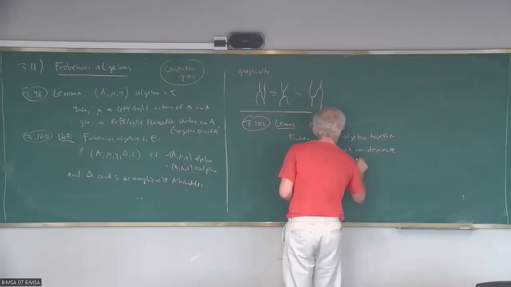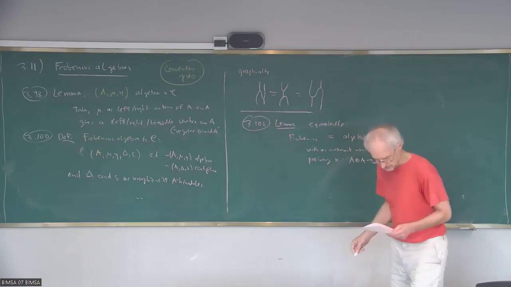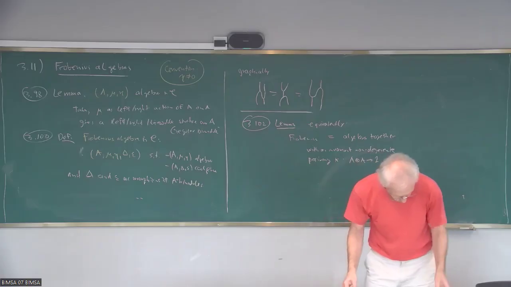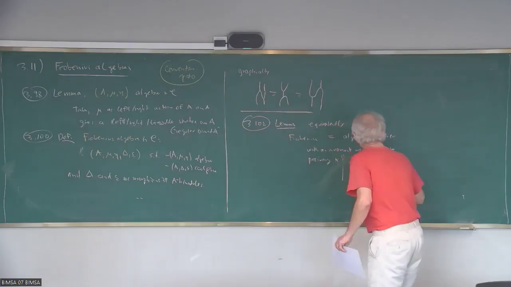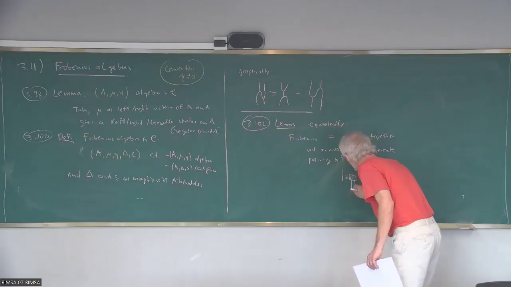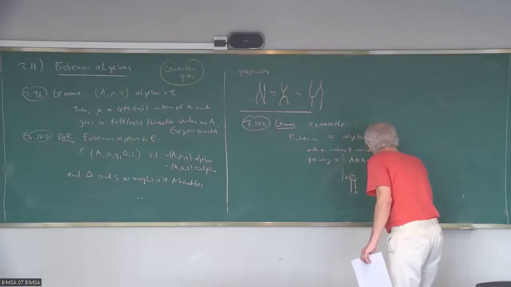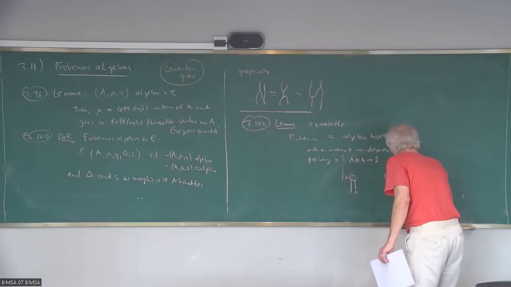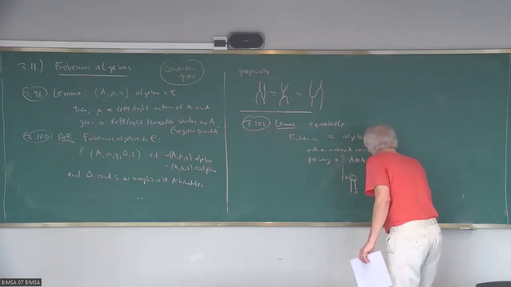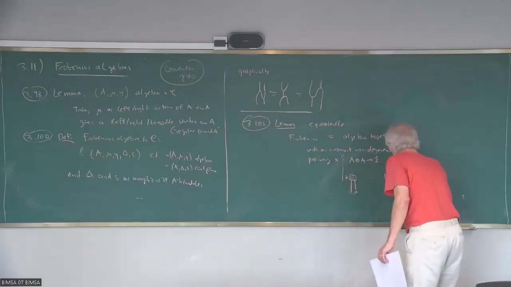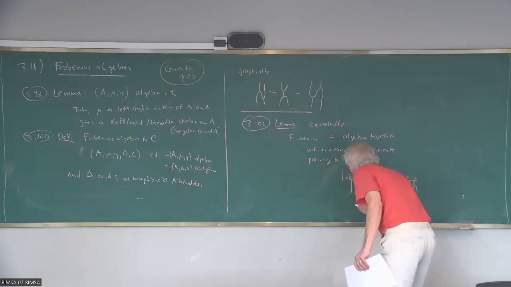So pairing means A tensor A to the tensor unit. That this is invariant means, denoting kappa in this way, A tensor A to the unit object, that if I compose this with the product, it's the same as composing it with the product on the other leg.